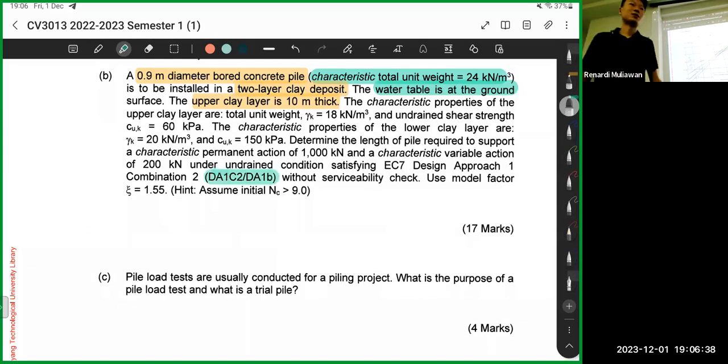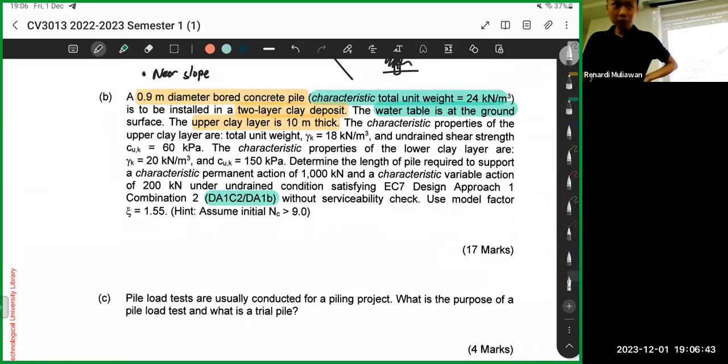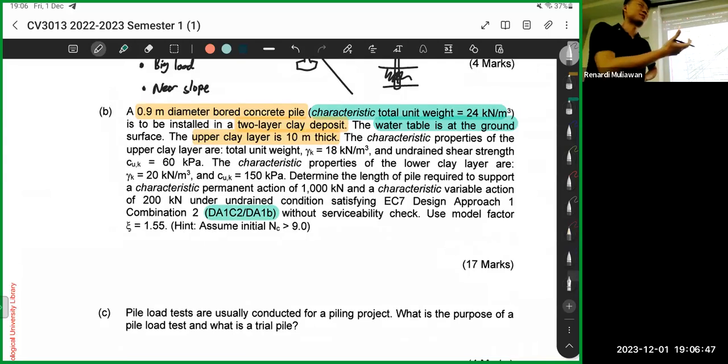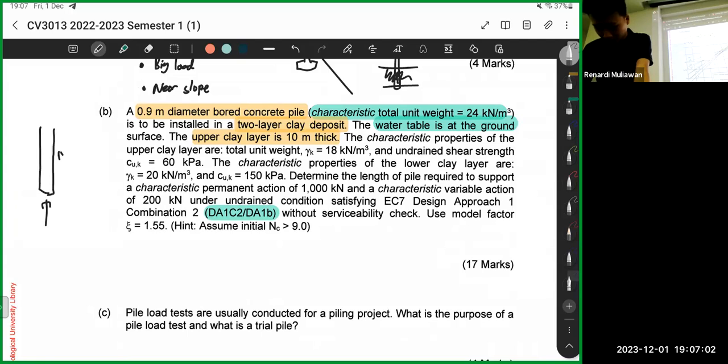When you see piles and the resistance, there are two. One is base resistance, two is your shaft resistance. So you have base and also the shaft resistance. This one I think is QB, this one is QS.